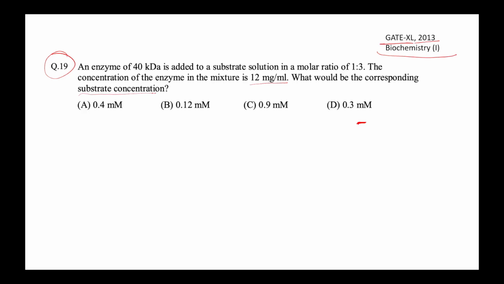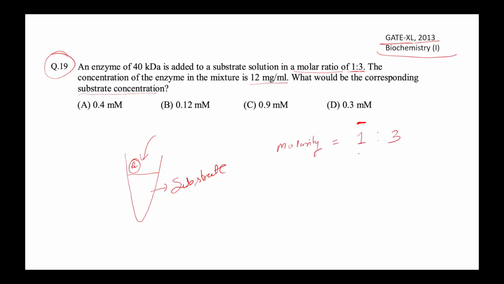Here they are performing an enzyme and substrate reaction. Suppose one tube has a substrate, and they will be adding enzyme in this reaction. The ratio they have used is 1 is to 3, and it is mentioned that it is a molar ratio, so molarity-wise it is 1 is to 3.